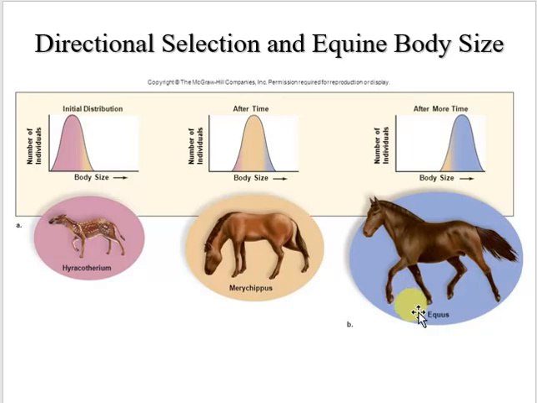So your ancestral species modified in the direction of the extreme phenotype, which was larger body size, in an effort to deal with environmental conditions that favored this extreme phenotype.